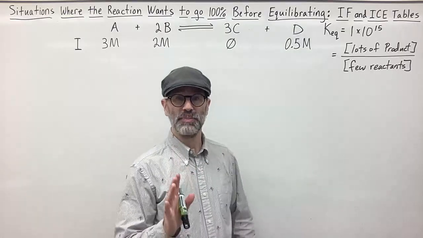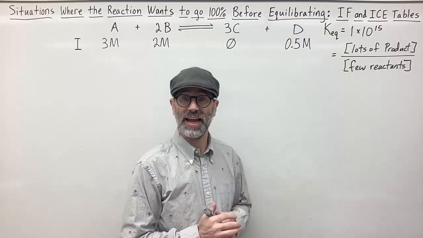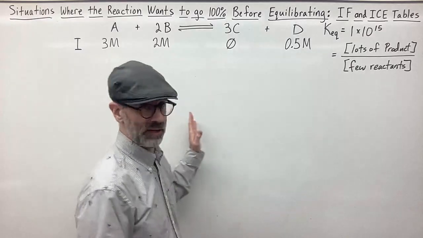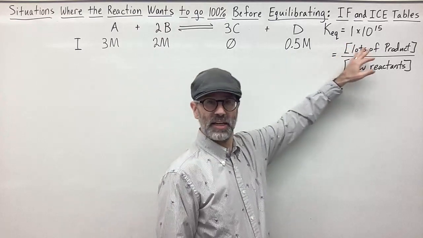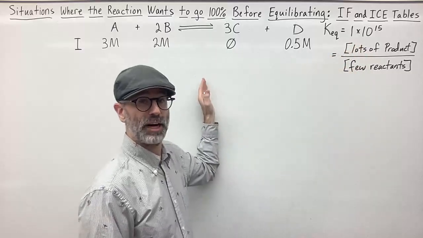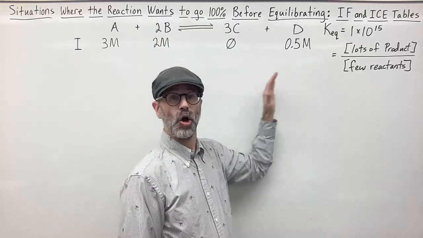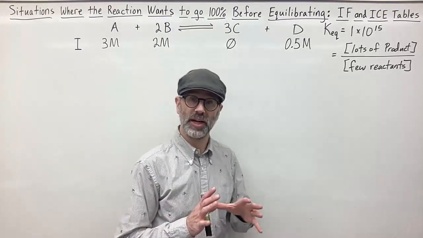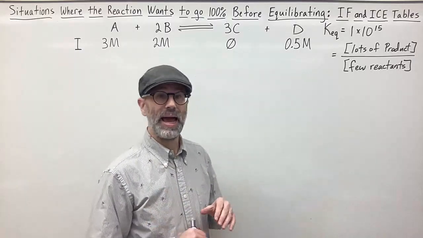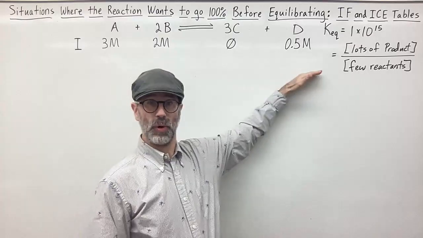However, we can set up this situation in such a way that we can use the X is negligible assumption. The way we do that is we assume, since this equilibrium constant is so large and heavily favors the product side, why don't we just do a stoichiometric calculation, like a limiting reagent problem, such that we assume that everything reacts 100% this way to completion.